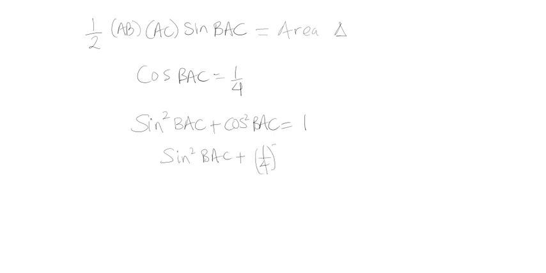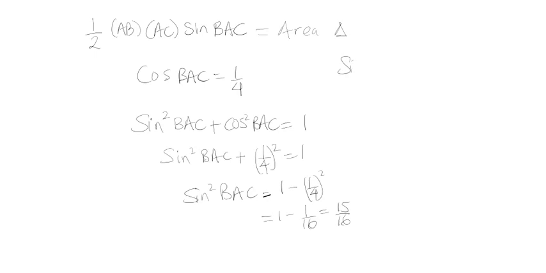So it's 1/4 to the square. So sine square of BAC would be 1 minus 1/4 to the square. So it's 1 minus 1 over 16, which is 15 over 16, because 1 is 16 over 16. So 16 over 16 minus 1 over 16 is 15 over 16.